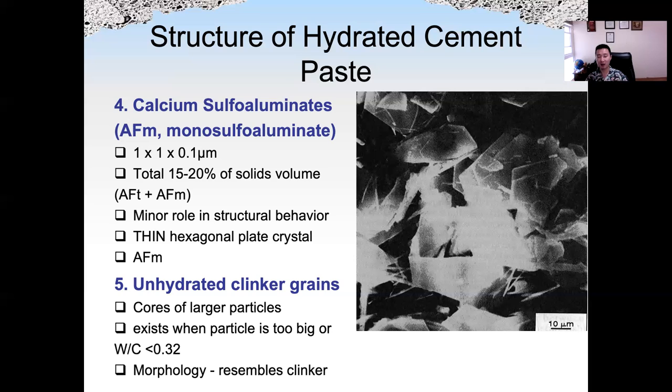Even though you wet the concrete again, you will not restart the hydration process. So when the concrete dries out, everything will stop. There may be some minor reaction going on, but it's nothing major. Okay, thank you.